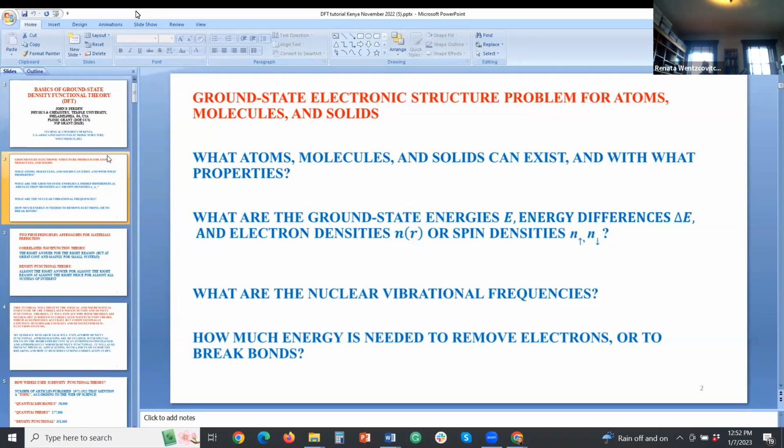What are the nuclear vibrational frequencies? How much energy is needed to remove electrons or to break bonds? These questions are answered by electronic structure theory in general and by density functional theory in particular.